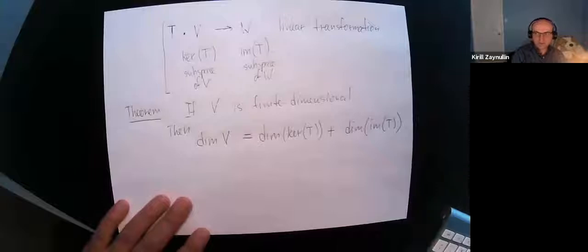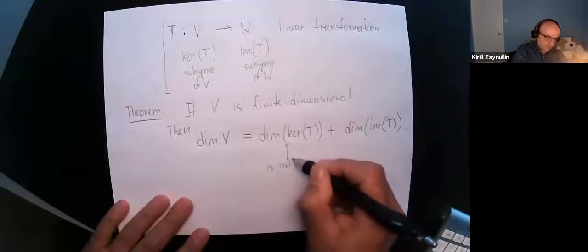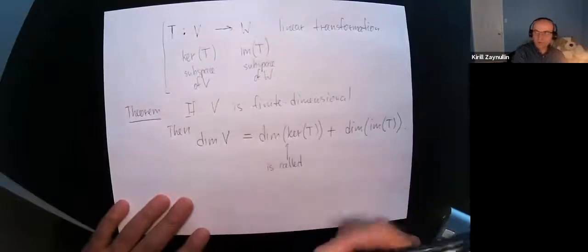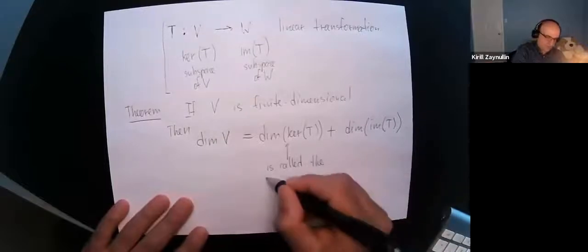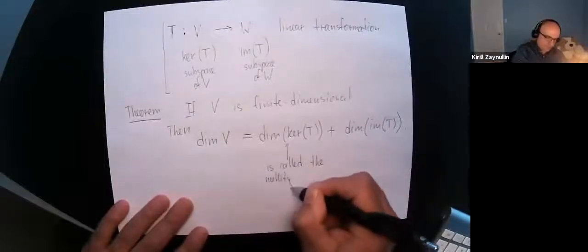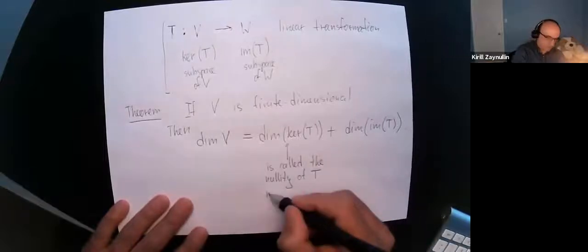There's some notation. The dimension of the kernel is called the nullity of T, and sometimes it's also denoted in this way.